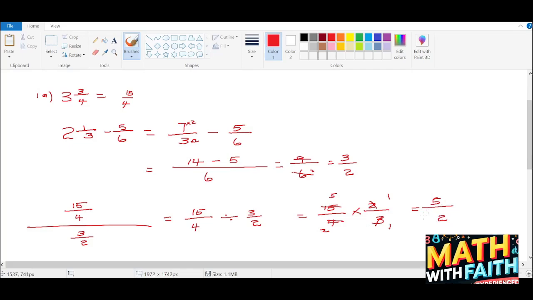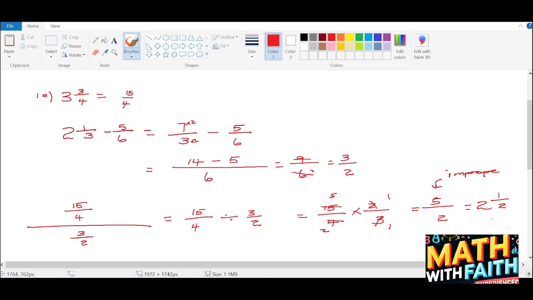And we could simply leave our answer like this, or we could express it as a mixed number, 2 and 1/2. How did I get 2 and 1/2? 5 divided by 2, 2, remainder 1, and that will be over 2, 1 out of 2. So 2.5. And both of these, this is a fraction. If you express it as this, that will be fine. This is an improper fraction.